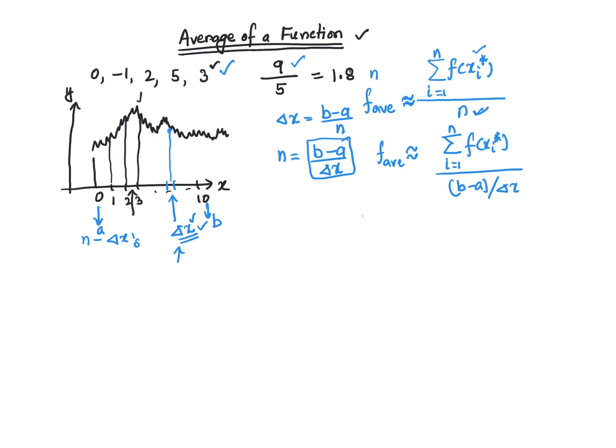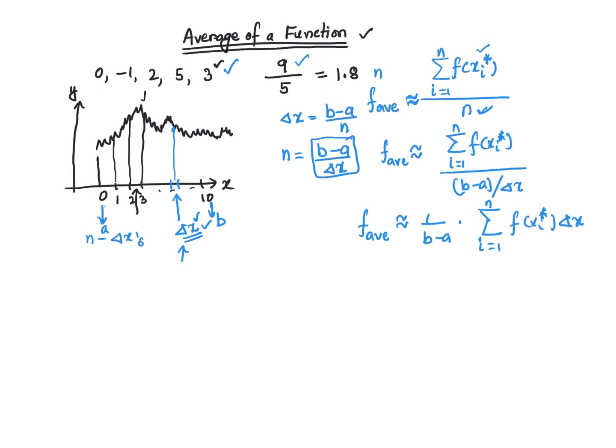This will give me f sub ave approximately equal to 1 over (b minus a) times the summation from i equals 1 to n of f of x sub i star times delta x. You can see things are coming together, right?